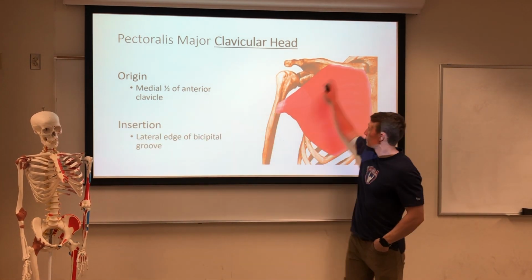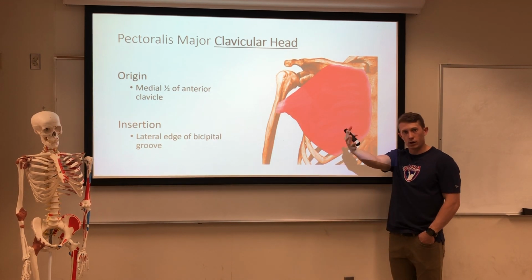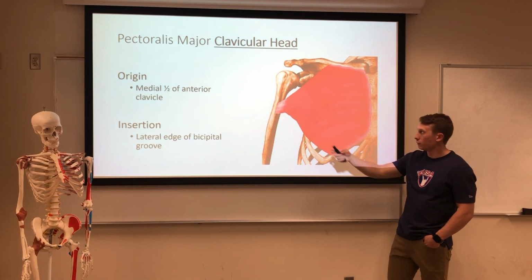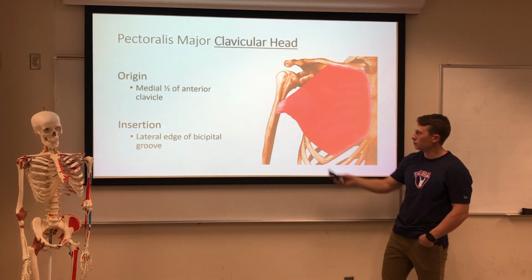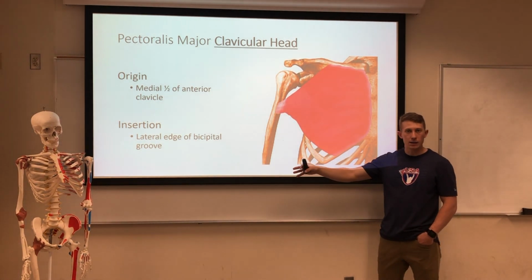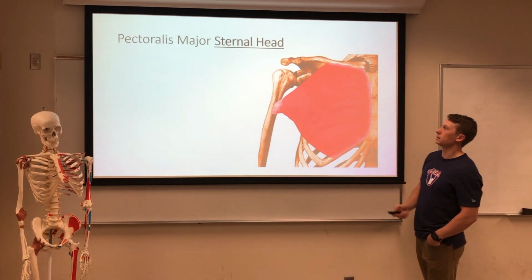And we have a superior to inferior origin to insertion. So we know it's going to give us some kind of flexion or anterior movement. It's oblique, so we know there's going to be some kind of medial rotation. And if we're in that abducted position, we'll get that adduction and horizontal adduction.